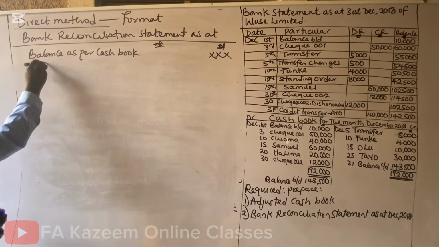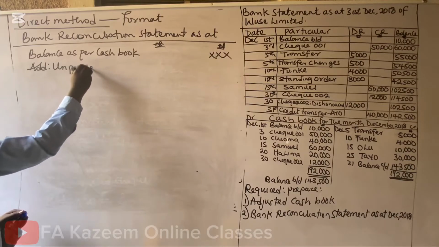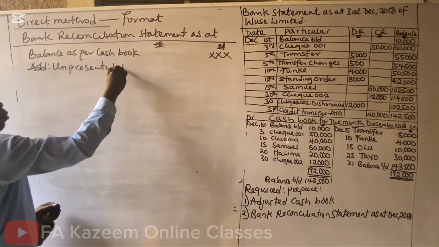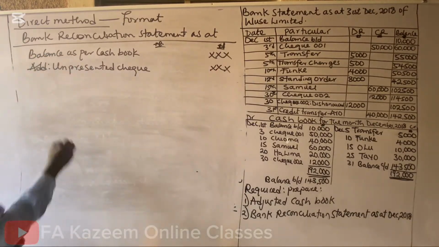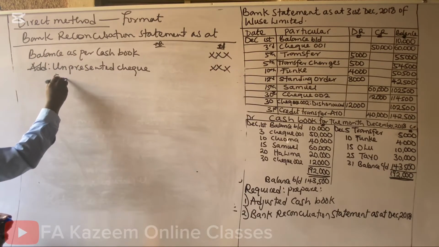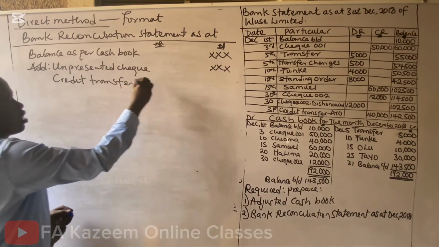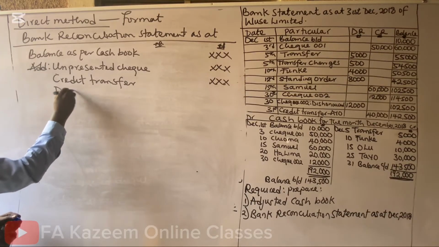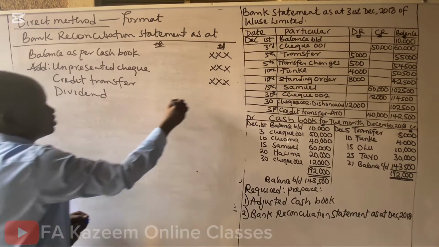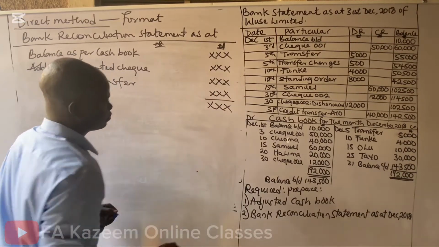You now say add unpresented check back. Also, you add back the credit transfer. Also, you add back your dividends. Once you add this, you arrive at this.